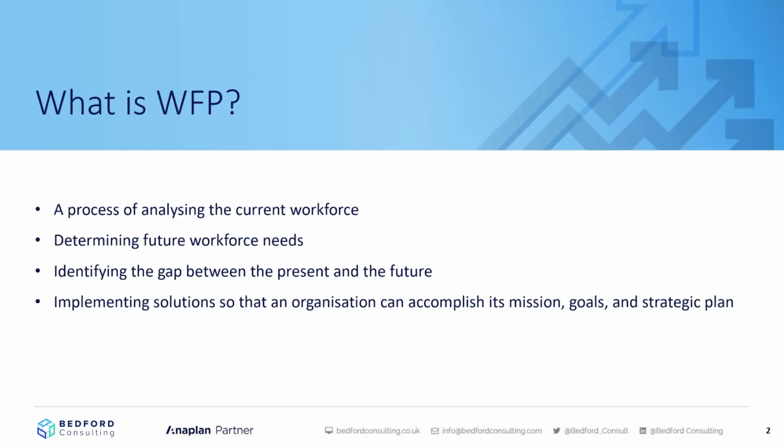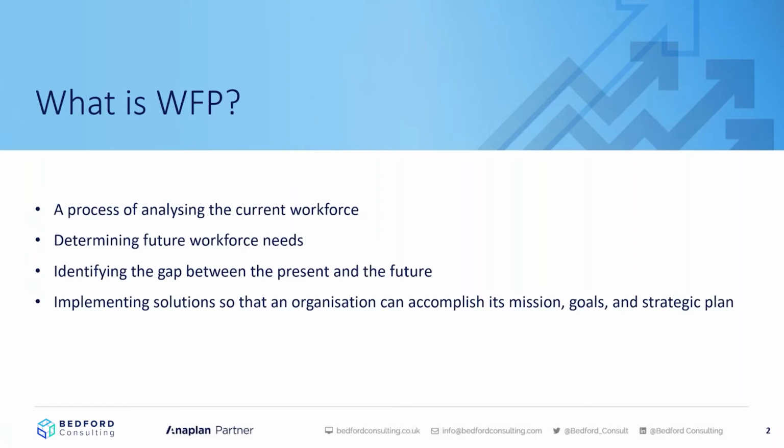So, if we start at the beginning, what is workforce planning? As defined by the CIPD, workforce planning is made up of four key areas. The first being a process of analysing the current workforce, that current state analysis, your as-is model, if you like.